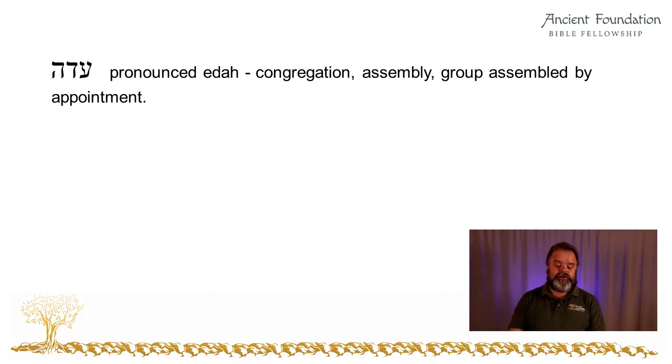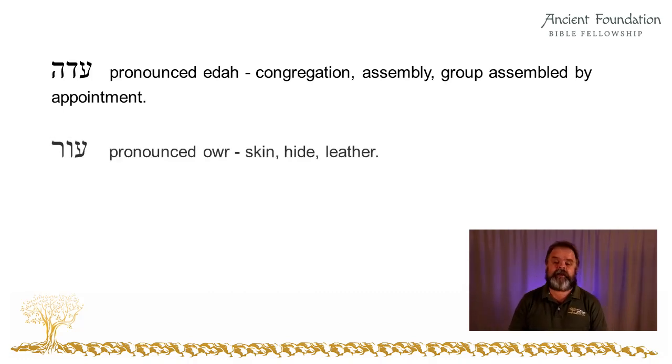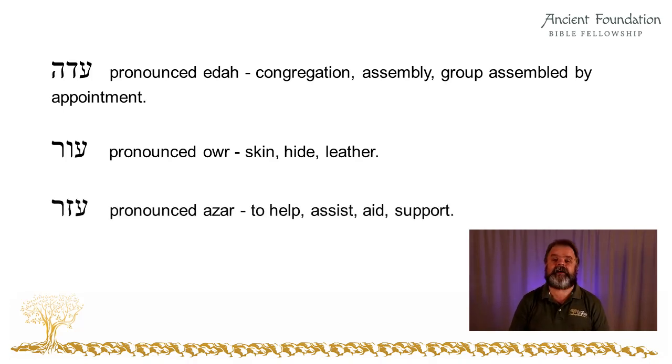The next word I want to show you that starts with the letter Ayin is pronounced or. And this is the word for skin, hide, and leather. The Hebrew word or. Another Hebrew word is pronounced azar, and this means to help, assist, aid, and support.